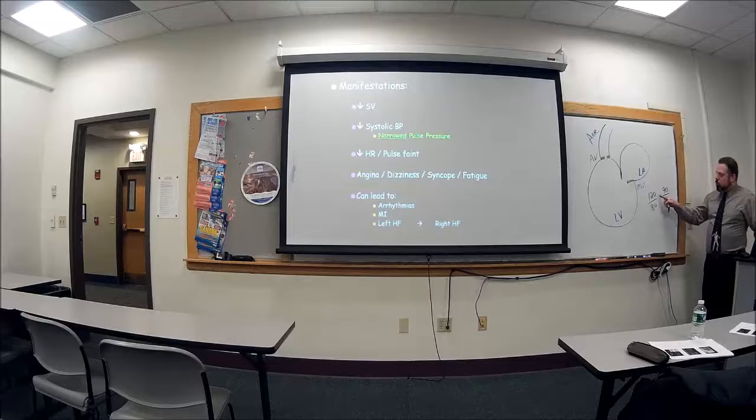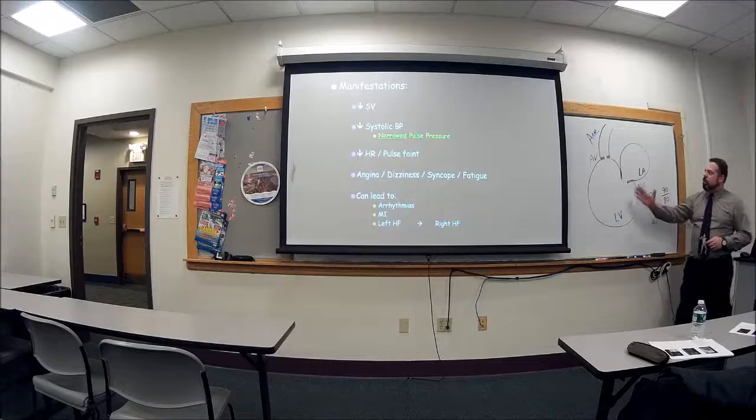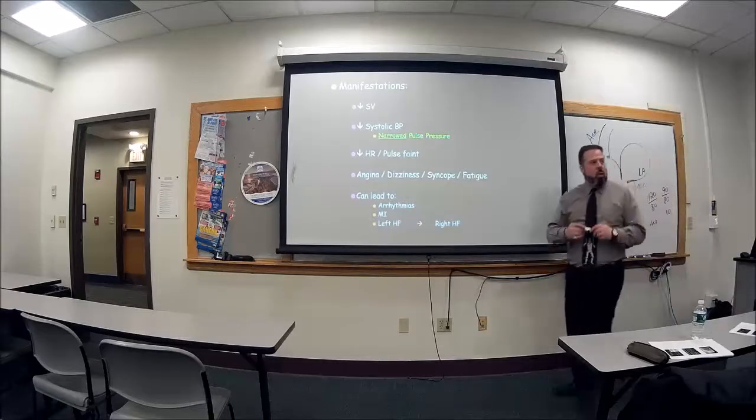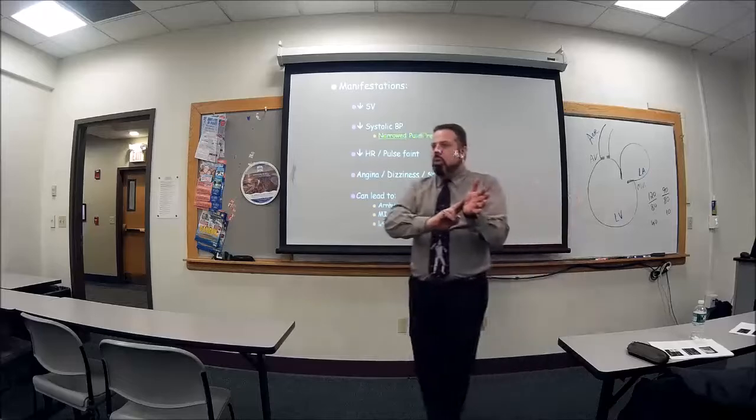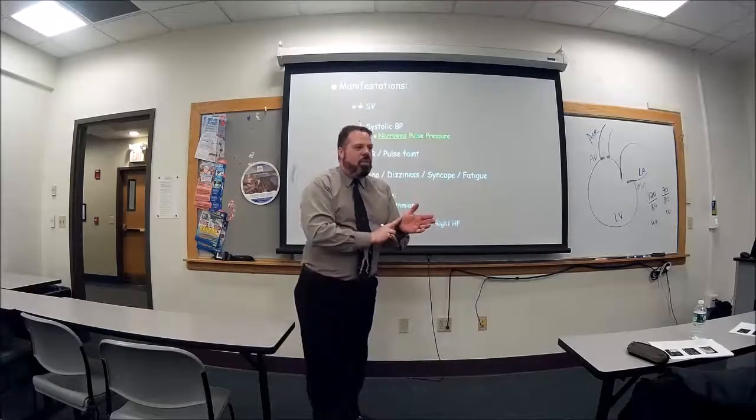So what happens to the pulse pressure? The pulse pressure is 40 millimeters of mercury normally. Over here, it's 10 millimeters of mercury. It gets a very narrow pulse pressure. Does that make sense? The bottom number usually stays about the same, and the top goes down because there's less blood going out there. And because there's less blood going out, when you try to feel the person's pulse, it's going to be very faint.